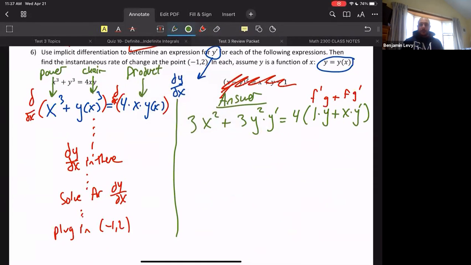I like writing y prime just because it's easier. The y prime equals dy dx, same thing. And so we want to group the y primes together and factor it out. I'll just make that note: group y prime and factor.